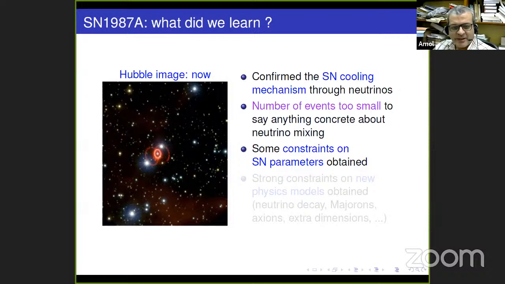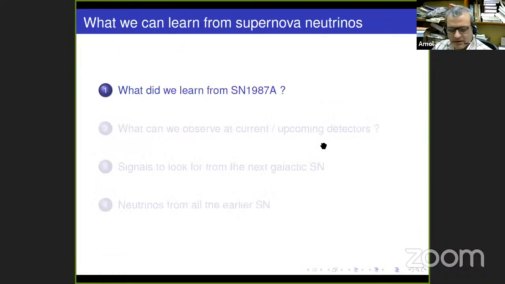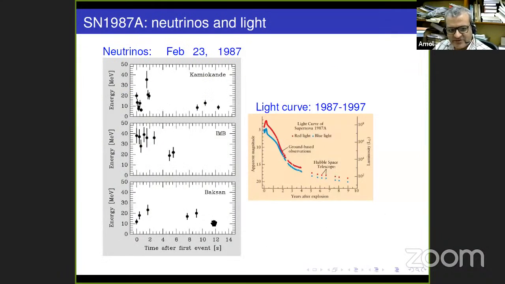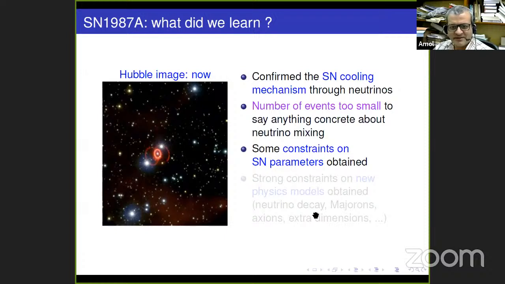The calculation that shows that neutrino cooling cools down the star in about 10 seconds is very, very robust. The fact that we actually observed neutrinos coming till 10 seconds, and the neutrino flux did not stop at 5 seconds, tells us that nothing else is coming out apart from neutrinos, at least not to a large extent.